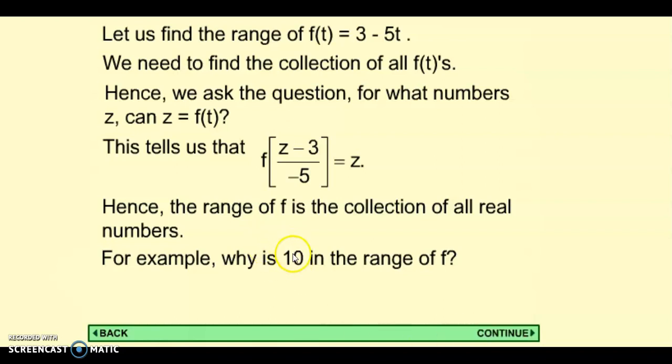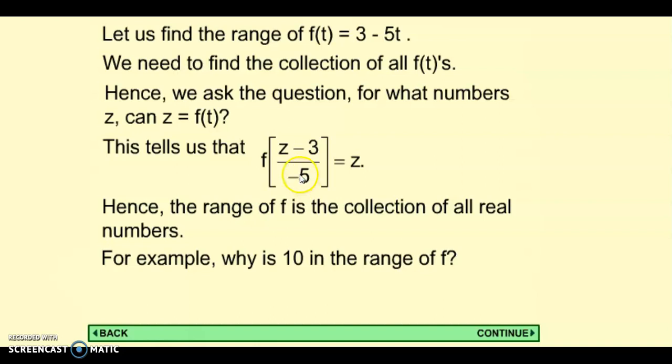Now, if you are inserting the value 10 here, what will be your result? If instead of z you are inserting 10, 10 minus 3 gives you 7. 7 divided by minus 5 is minus 7 by 5.